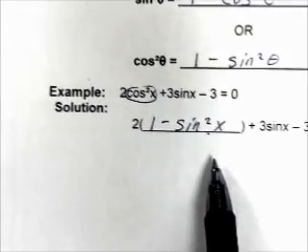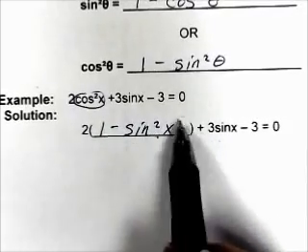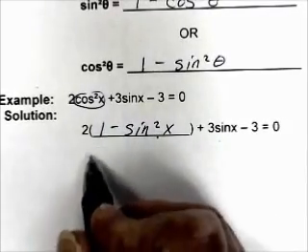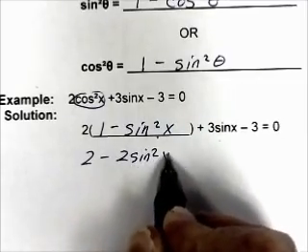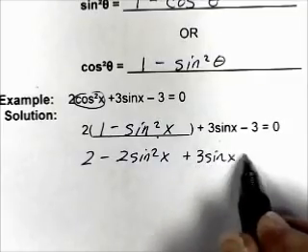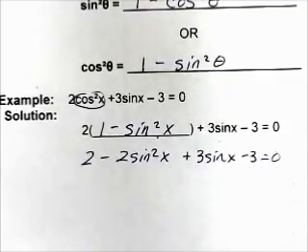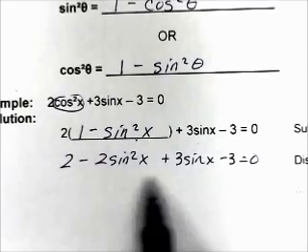Now remove the parentheses. That means distribute the 2 to get rid of the parentheses. So distributing the 2, we get 2 minus 2 sine squared x. Copy the rest down, plus 3 sine x minus 3 equals 0. Okay, and now let's continue to solve.